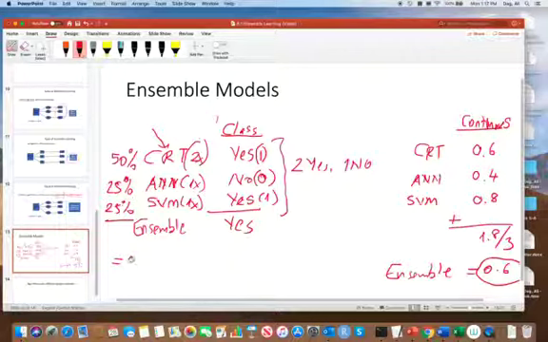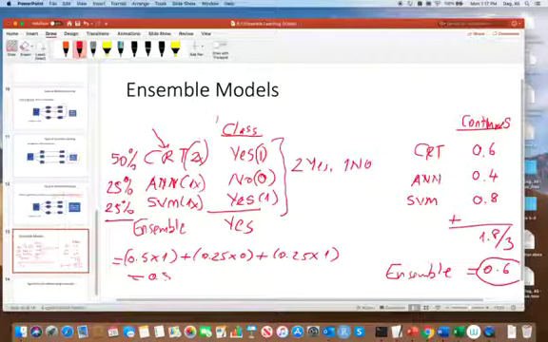So basically, 0.5 times 1 plus 0.25 times 0 plus 0.25 times 1. Okay, therefore, 0.5 comes from here, and then 0 comes from the second, and then 0.25 comes from the third unit, and therefore in total, my result is 0.75.